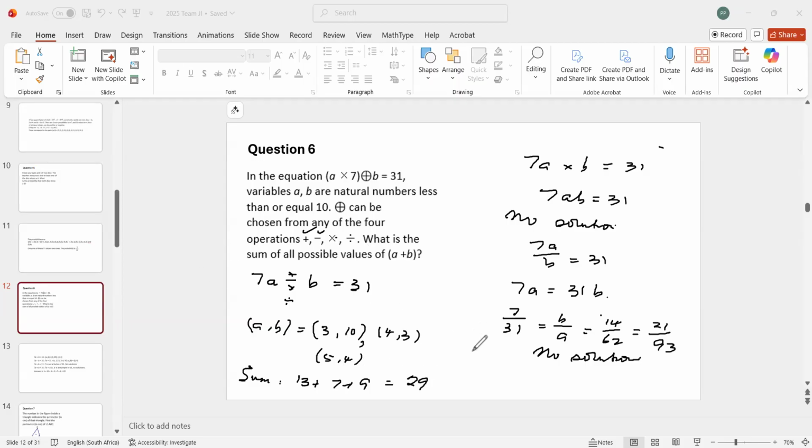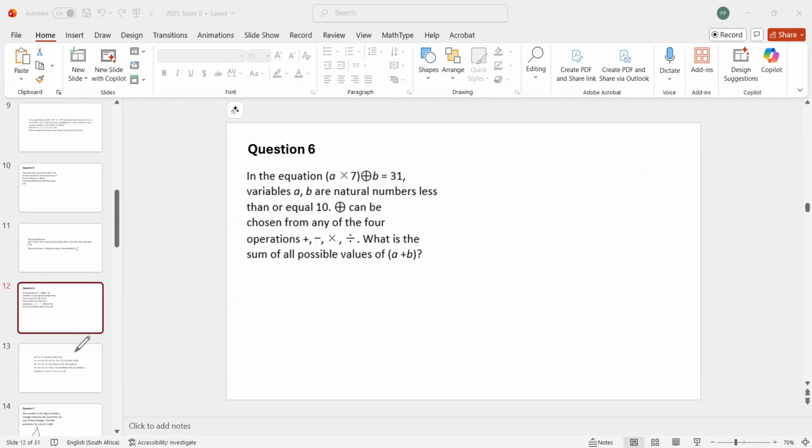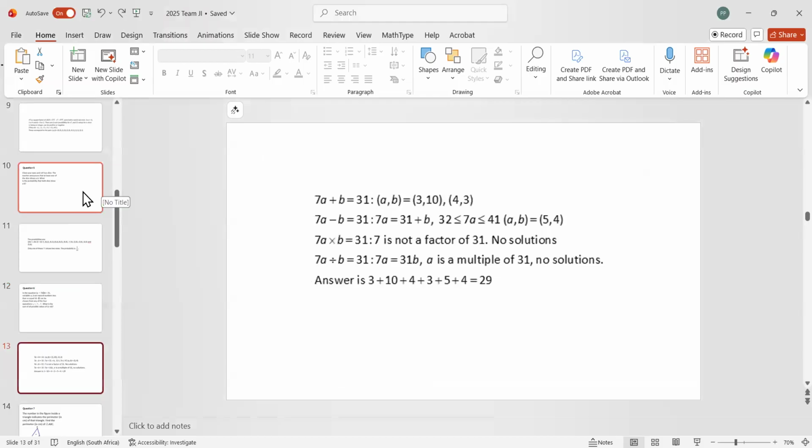All right, so our answer is 29. Let's check to see whether that is indeed the answer. Oh, there it is. In case you didn't understand what I was saying, you can read this and try to get a better understanding of this problem.